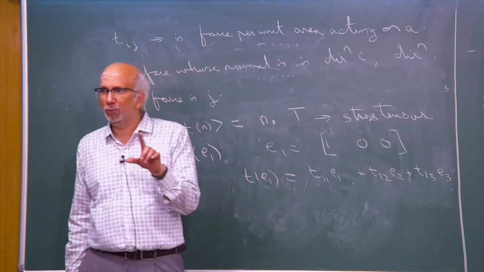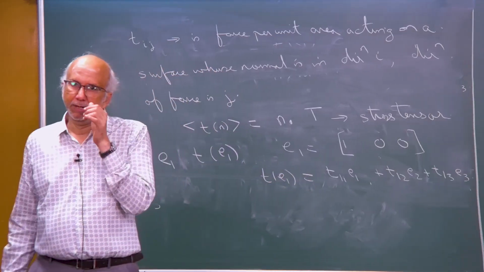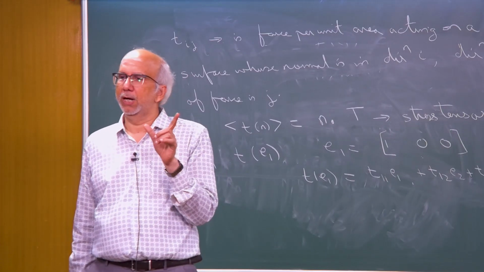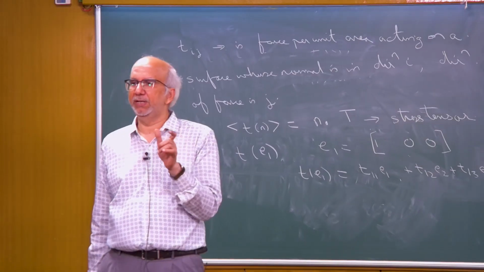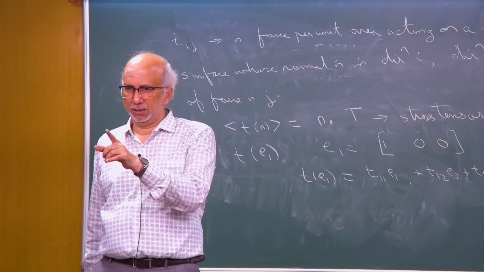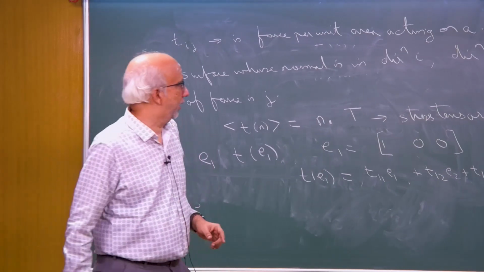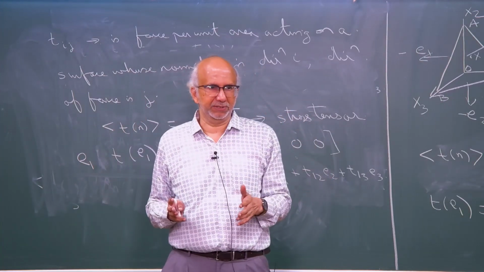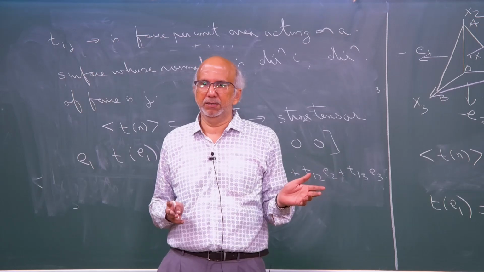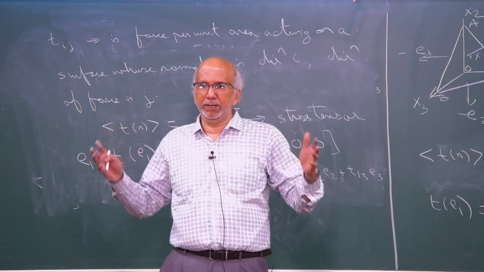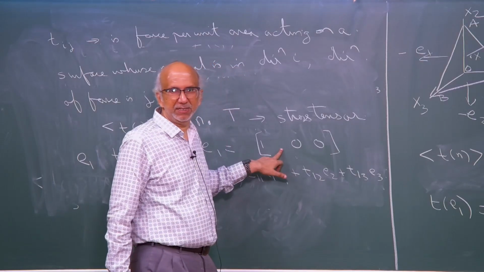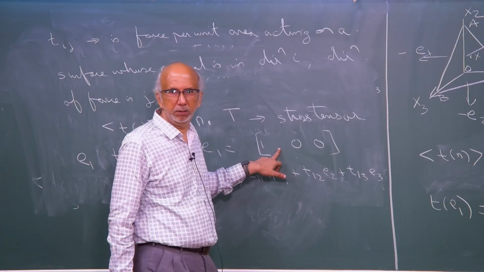I want to now use the matrix formulation to understand what is E1 T of E1. Can you try doing that? Because I need to get a matrix, right, because I told you this is a dyadic product. So, you should get a matrix, and the best way to get a matrix is, I am going to write this as a 3 by 1 vector.